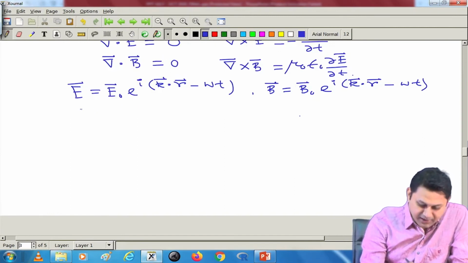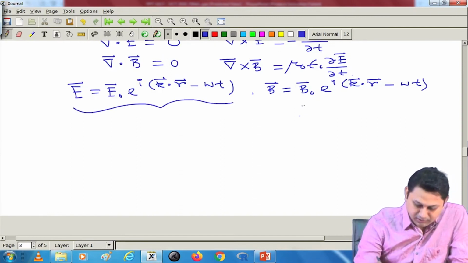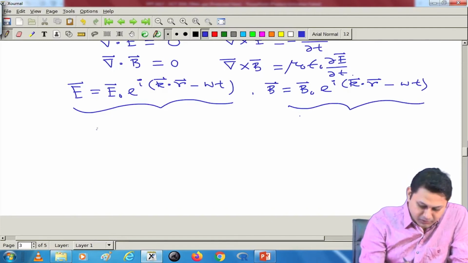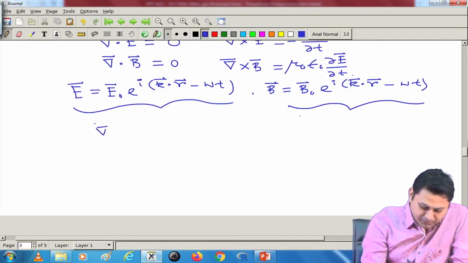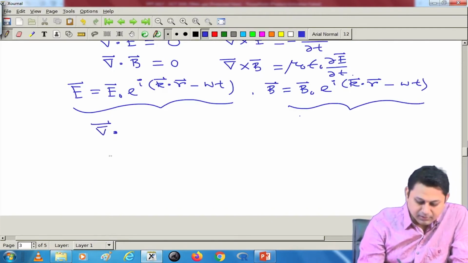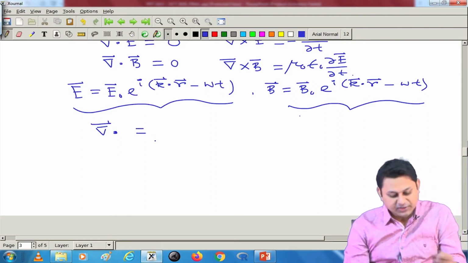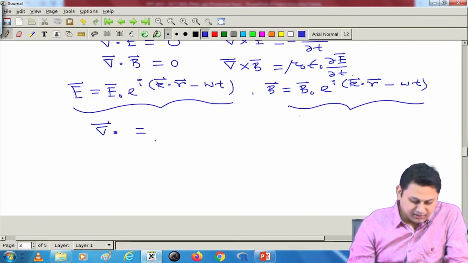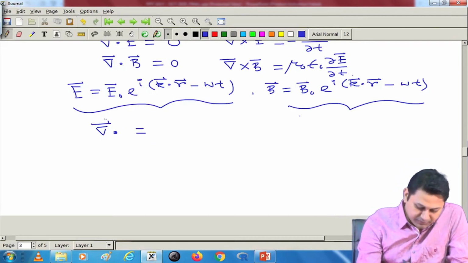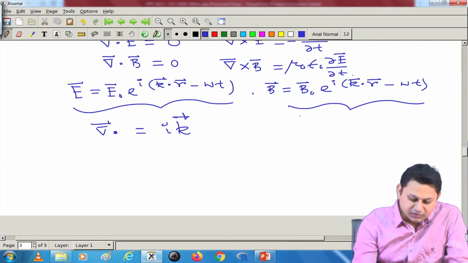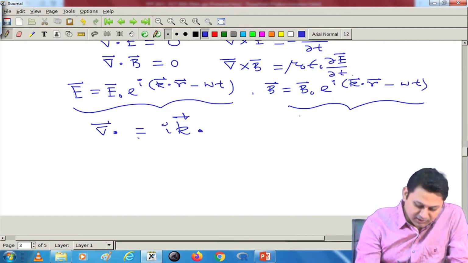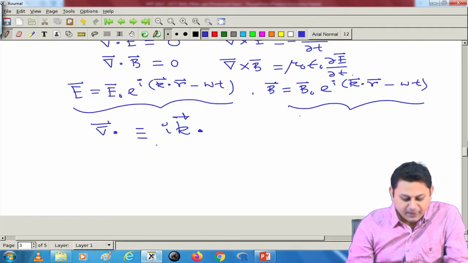If I have this kind of solutions, so every time when I operate over E or B, whatever, this del will be replaced by i k for this particular form, whatever the solution we have, exponential. So, these things will be equivalent.